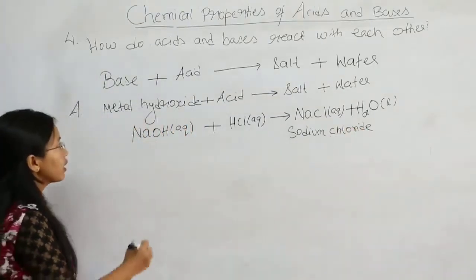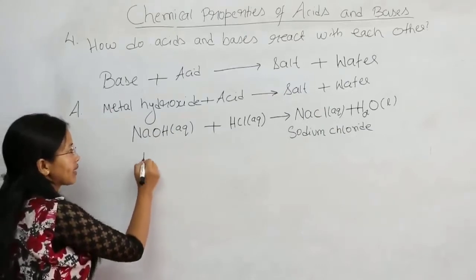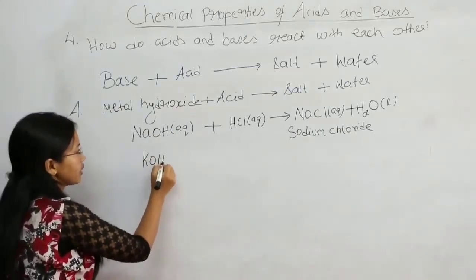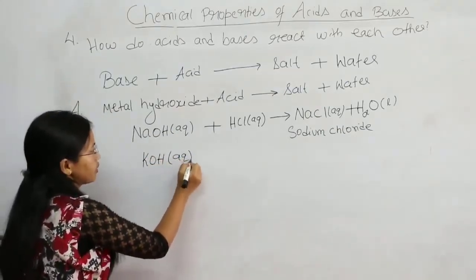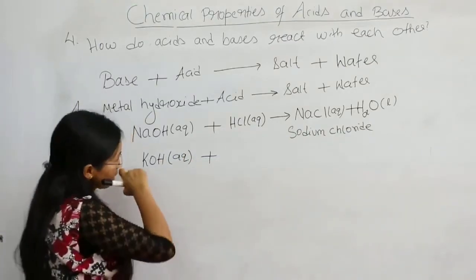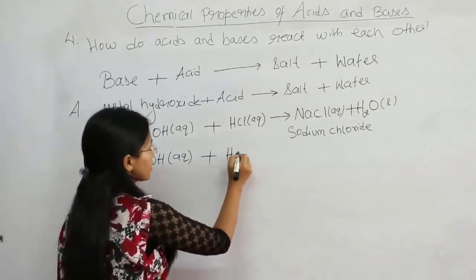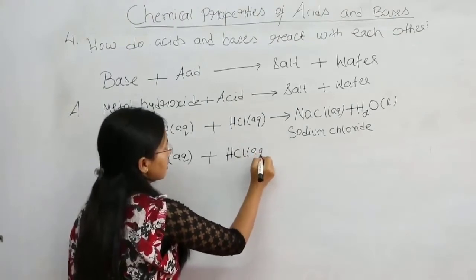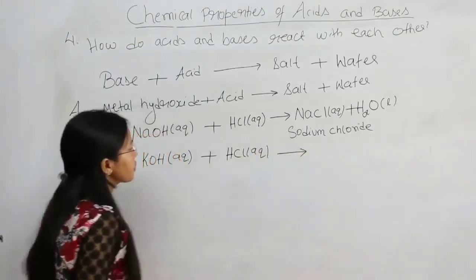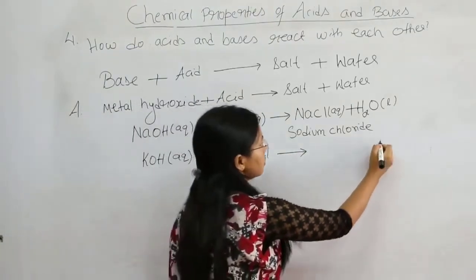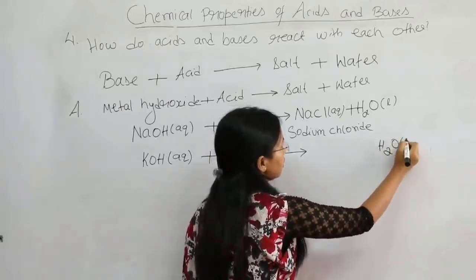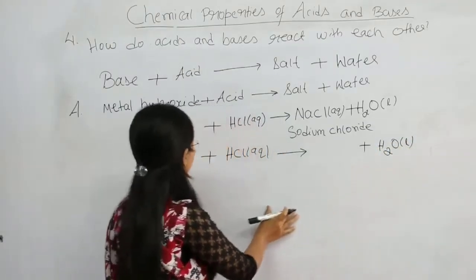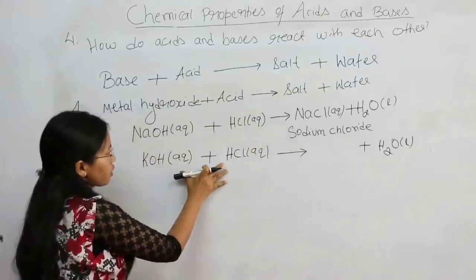Or you can take another metal hydroxide, that is potassium hydroxide, KOH. Take with acid, let us take hydrochloric acid again. So you need to get water and salt. So same thing, it's already balanced.